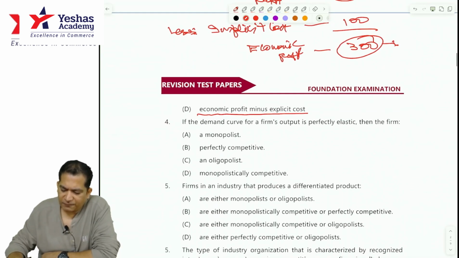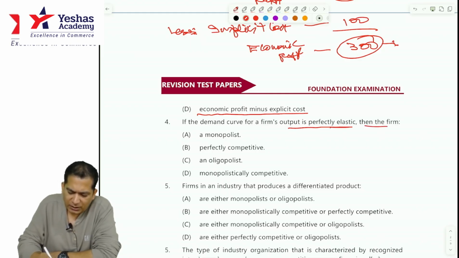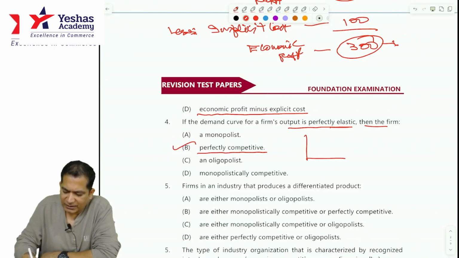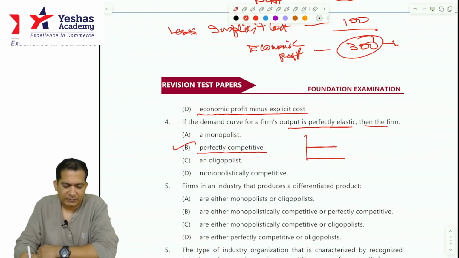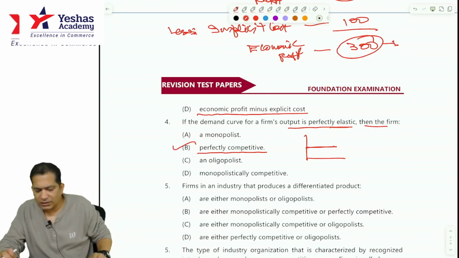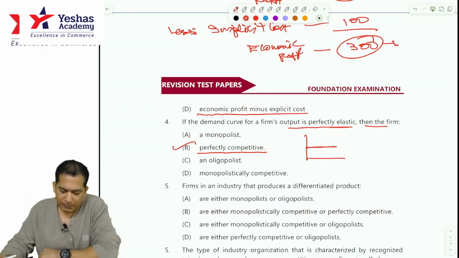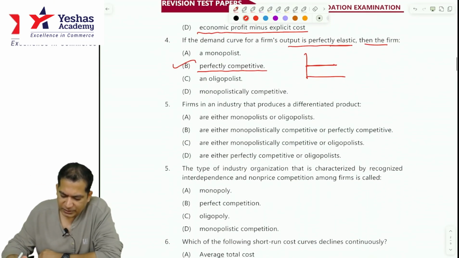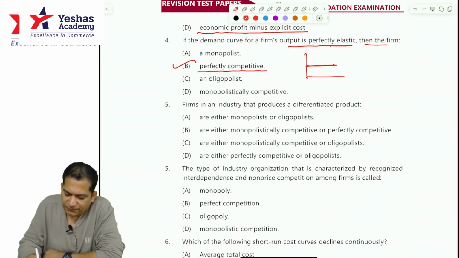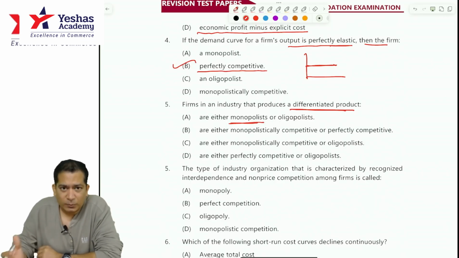If the demand curve for a firm's output is perfectly elastic, then the firm is operating in a perfectly competitive environment, because a perfectly elastic demand curve is horizontal, a straight line, because the firms are price takers, not price makers. A firm in an industry that produces differentiated products: either monopolistic, then it could be a possibility.